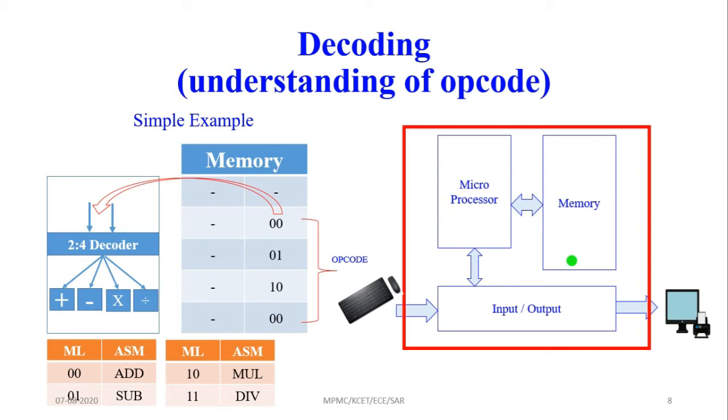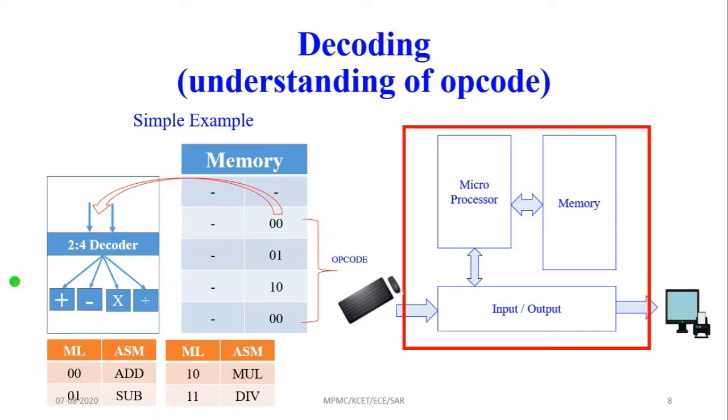How can it understand the opcode? Now we consider this as the memory element, which contains the program as well as the data. Here I consider a 2-bit memory element. We can store the program in the form of 00, 01, 10 and 00. These are the opcodes.